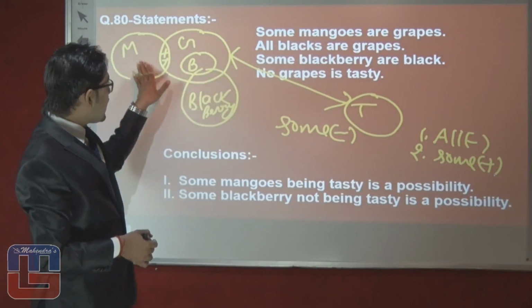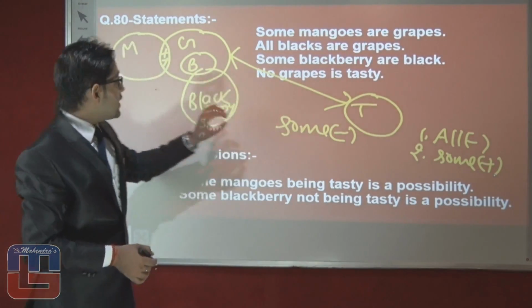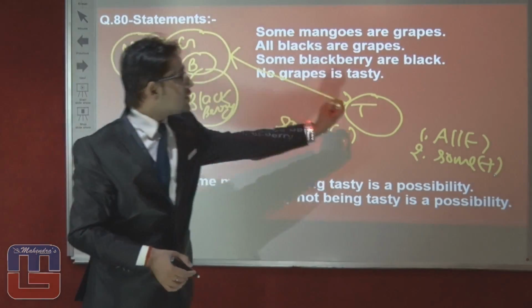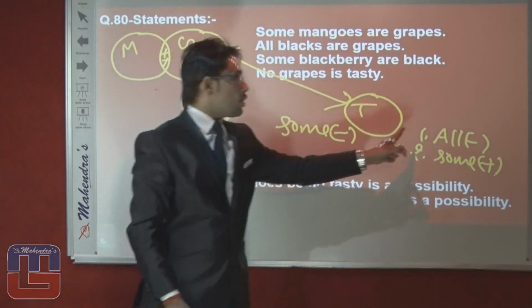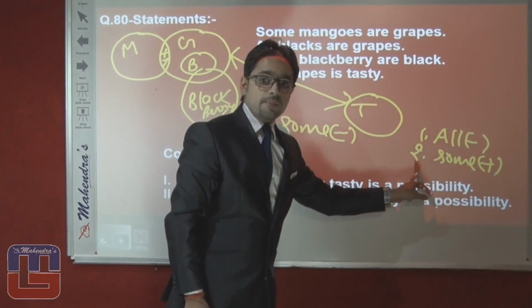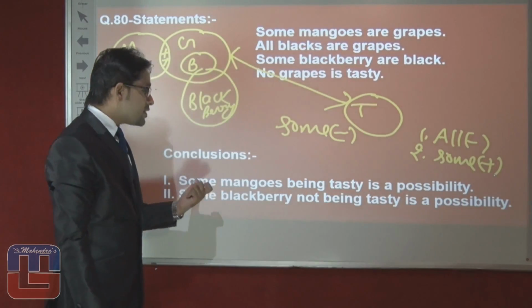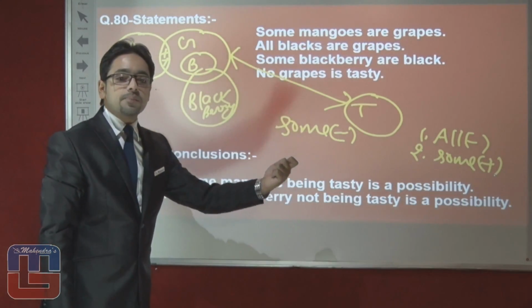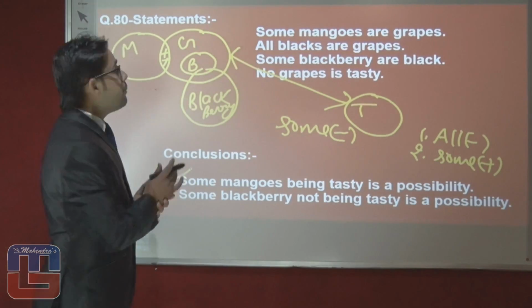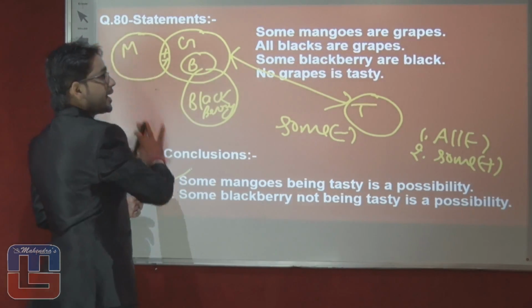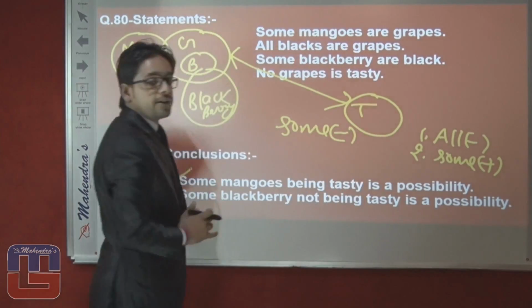If some mangoes are not tasty, then these two possibilities will be followed. The examiner is saying some mangoes being tasty is a possibility. Yes, this possibility is true, because the rest of the mango part can go into the tasty part.